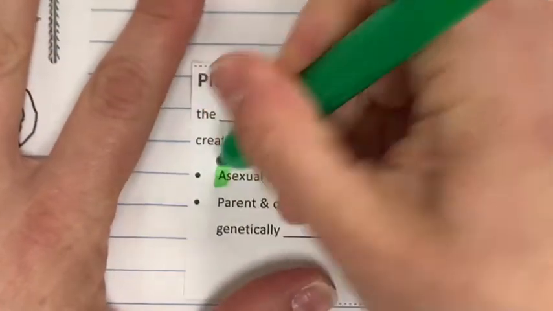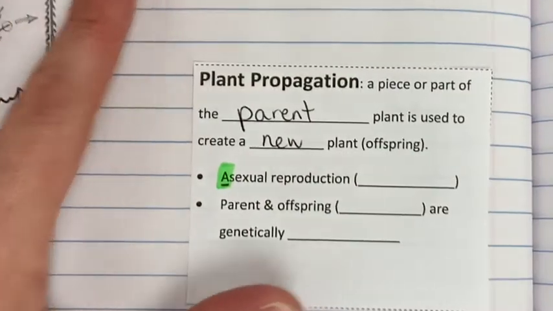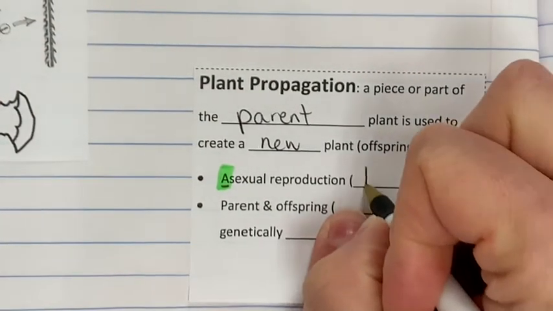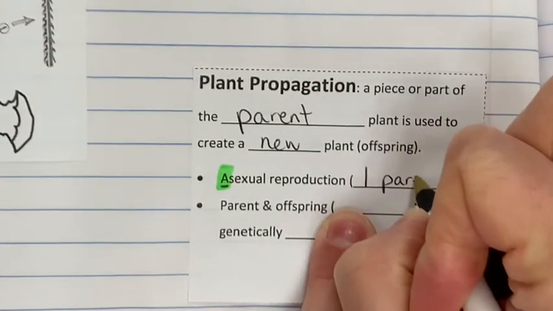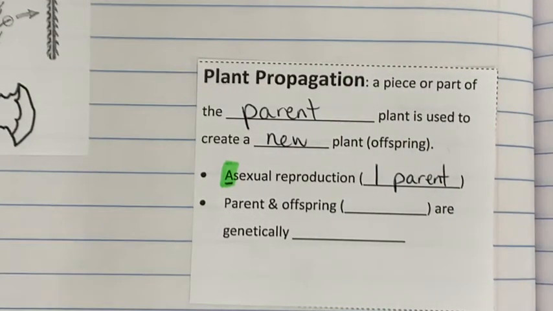So that A right there, asexual, means not sex. In other words, one parent. This one parent passes its genes on to a new plant. That new plant is just like the parent plant. It has the same genetics. Basically, the offspring are just a clone of the parent.